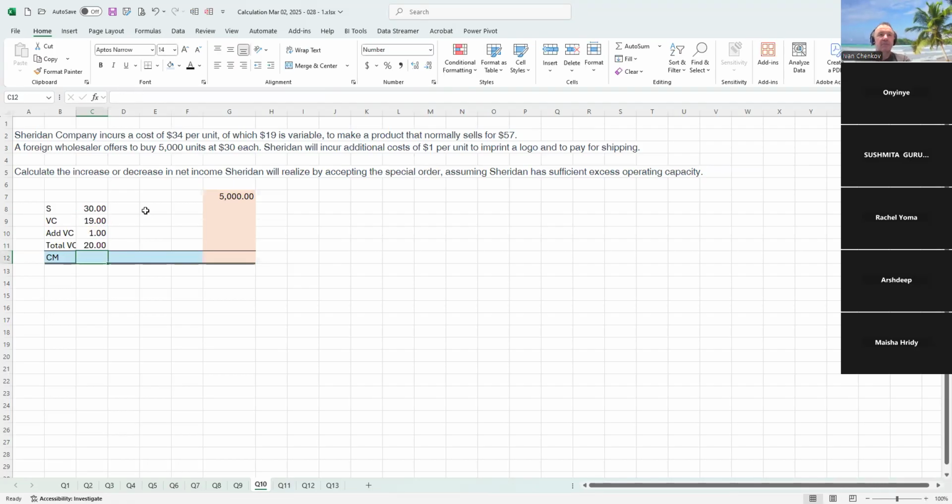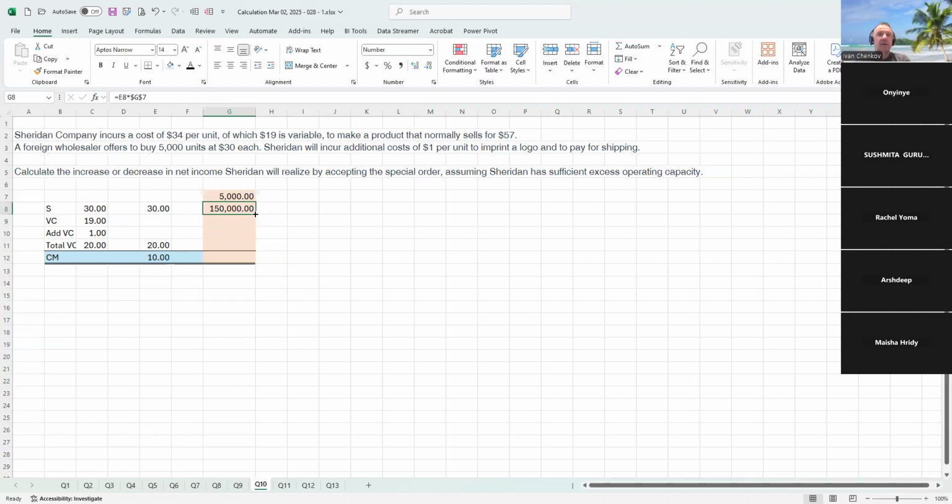So what's my contribution margin? If I'm selling for $30 and the variable cost is $20, how much is my contribution margin? $10. And we're talking about how many units? 5,000 units. So how much will be my increase in sales? 150,000, sorry.